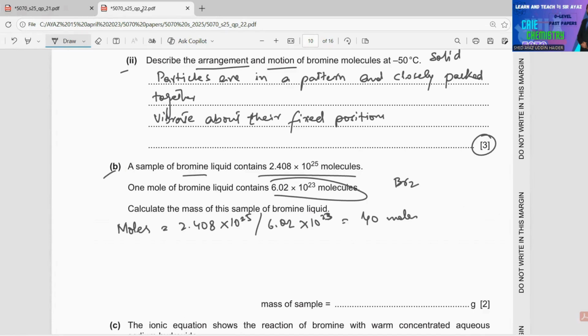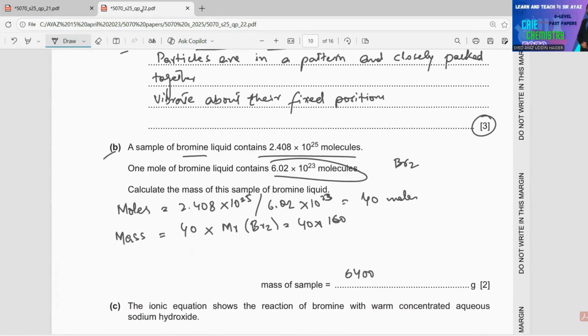So in order to get the mass, you need to multiply moles by the Mr. Mass is equal to 40 multiplied by Mr of Br2. So you have 40 multiplied by 160. What you will get? You will get 6,400 grams. This will be the final answer.